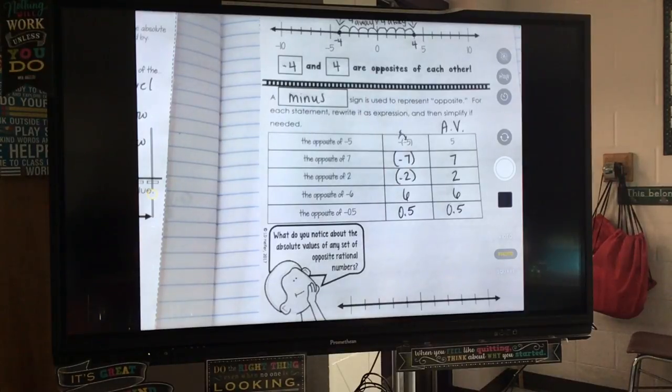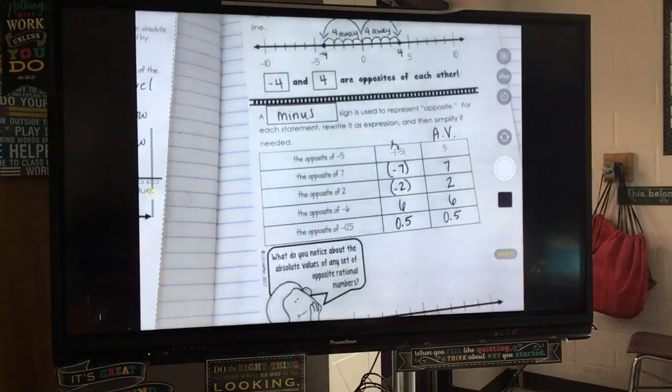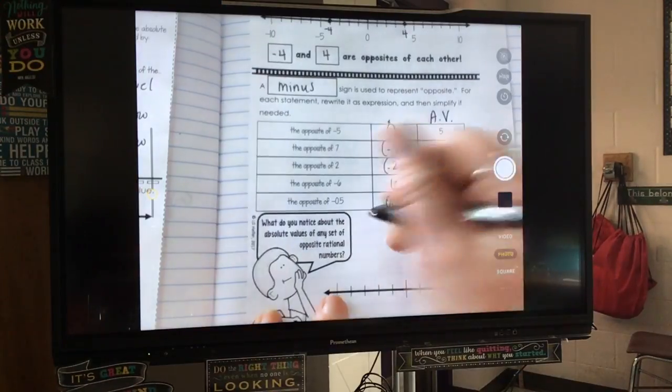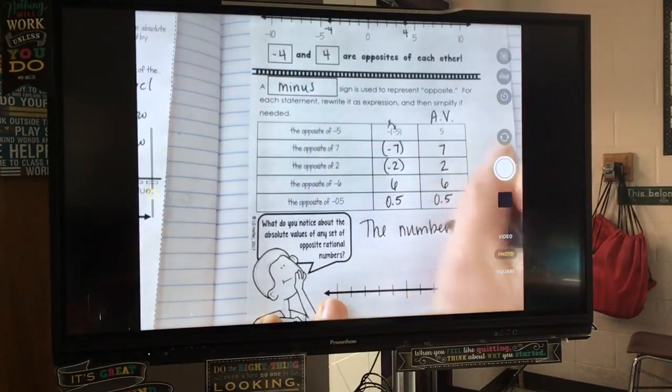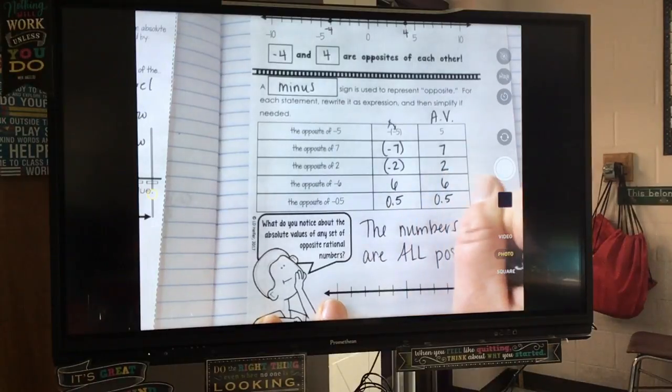I don't know. So what do you notice about the absolute values of any set of opposite rational numbers? So what do we know about all the numbers in this column? What do we know about all those numbers? Andrew? They're all positive numbers, correct? The numbers are all positive.